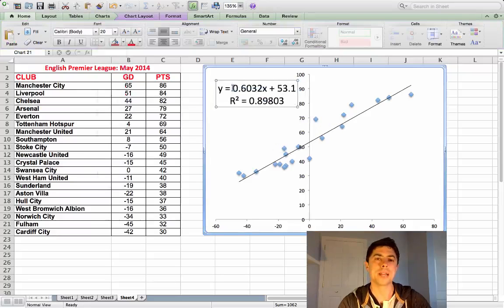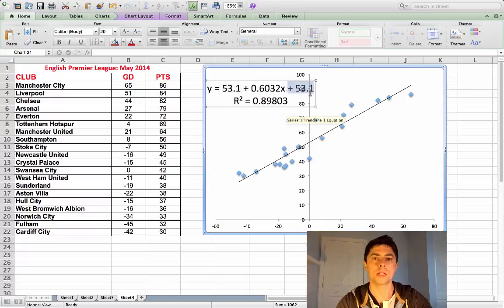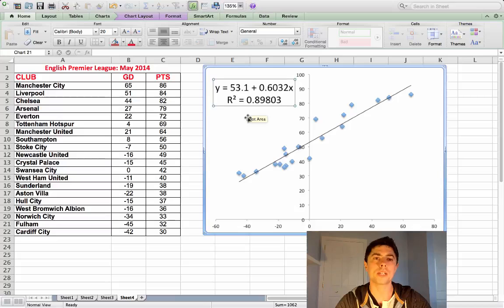So again, we're going to write A first and then your BX. So A is 53.1 plus BX, and we can get rid of the A that was given as an Excel result. There we have it, your regression and correlation analysis for points on goal differences.